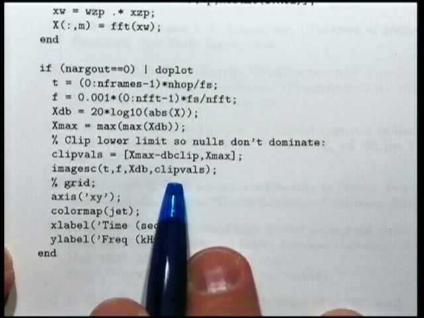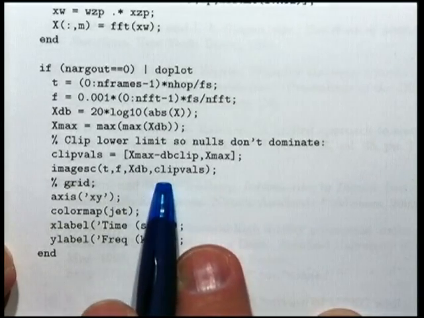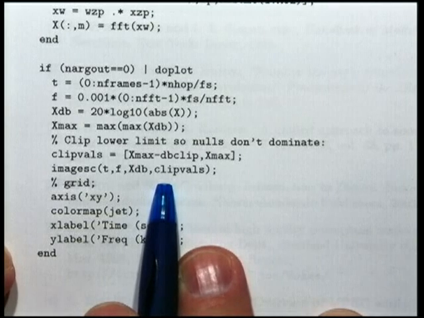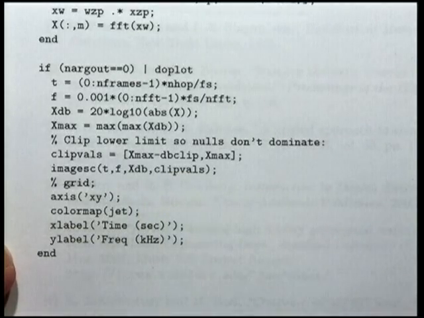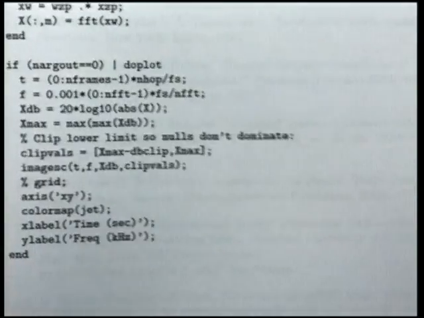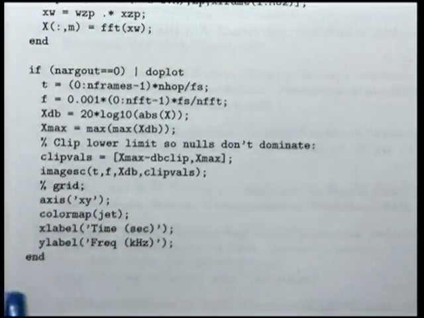It's very important to choose these limits reasonably. You want to map your grayscales well, right? You want your grayscales between white and black to correspond to something good, like between the maximum of your data and minus 40 dB or something like that, and that'll make it look really good.